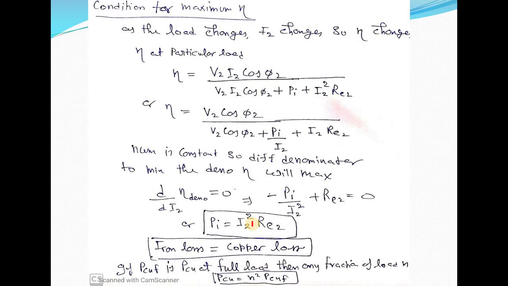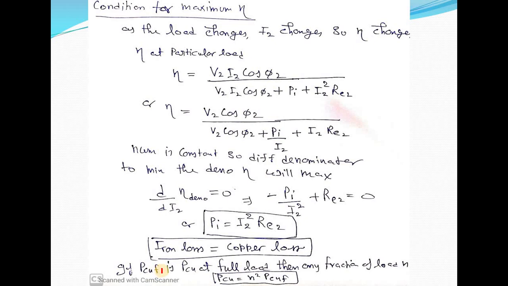If we decrease the load, the copper loss will decrease. So whenever this copper loss becomes equal to the iron loss, at that particular load the efficiency will be maximum. So iron loss equals copper loss is the condition for maximum efficiency, and this is a very important formula.